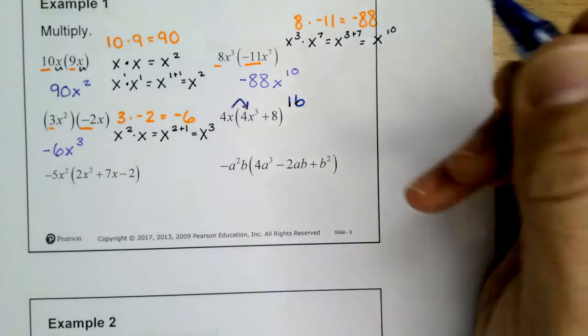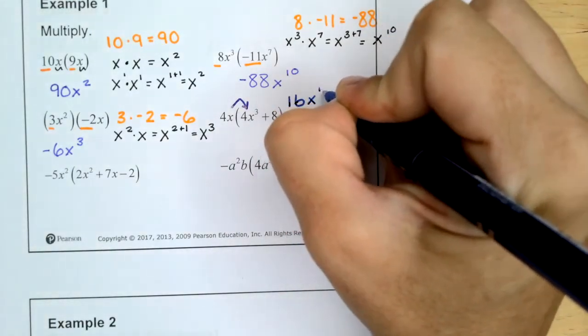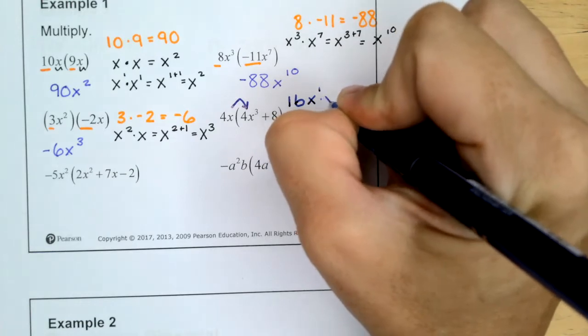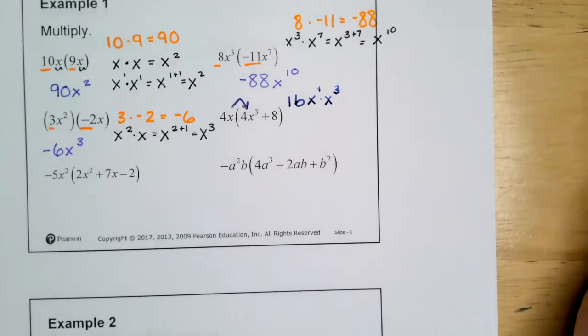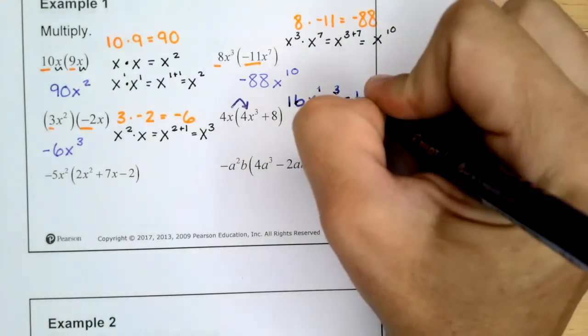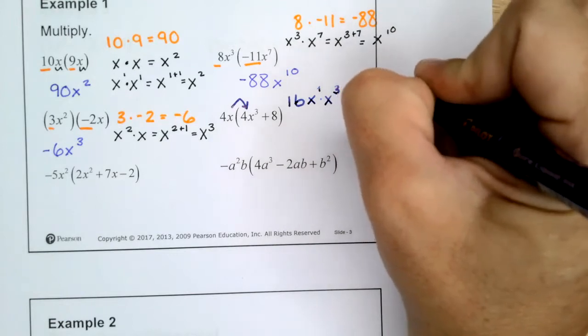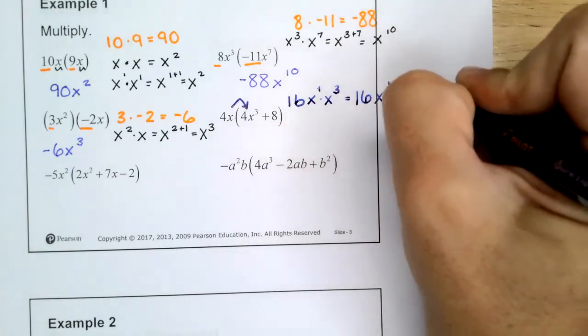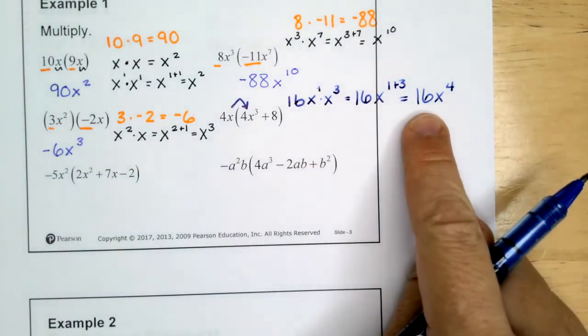And then we have x to the first times x to the third, so that becomes 16x to the 1 plus 3, which is 16x to the 4th. So that's our first term, 16x to the 4th.